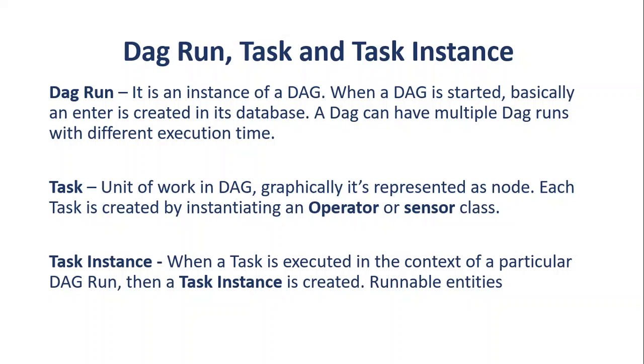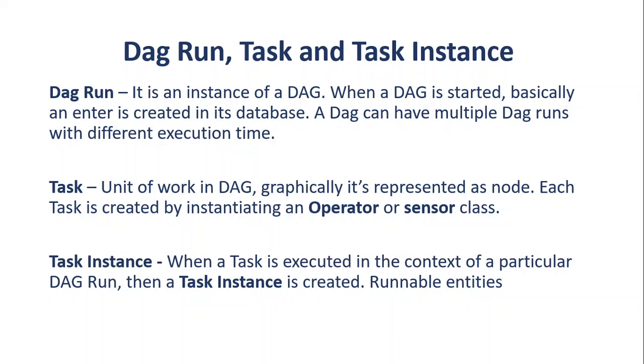We will see them on the UI too. It's an instance of a DAG, and every DAG run will have a different execution time, even if you trigger them one by one.